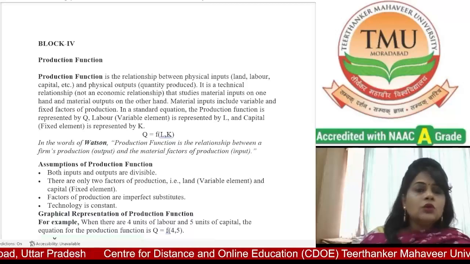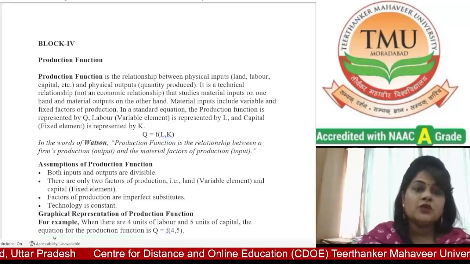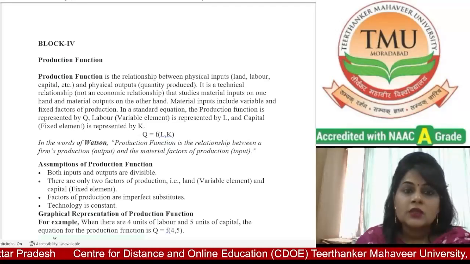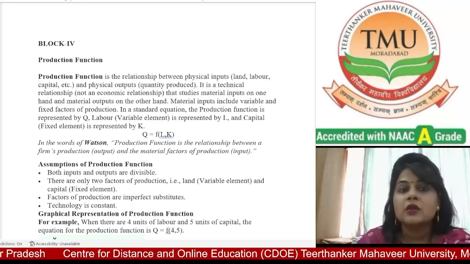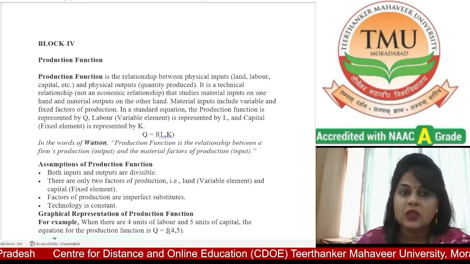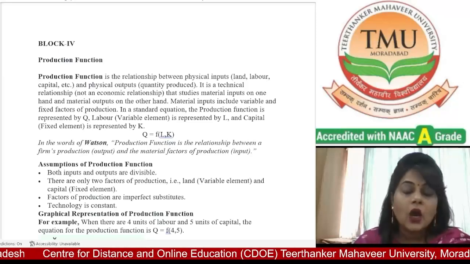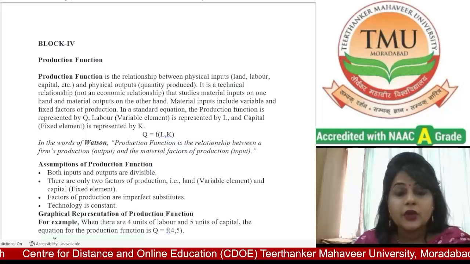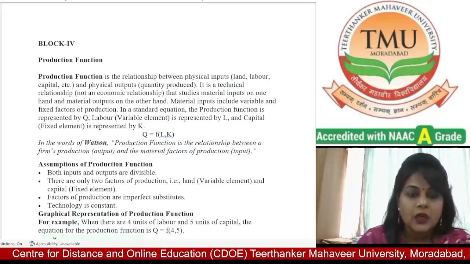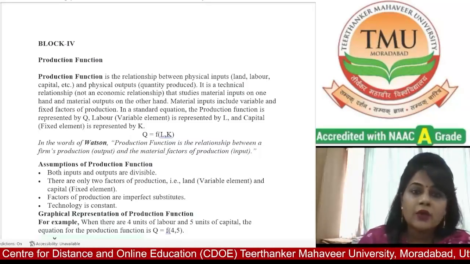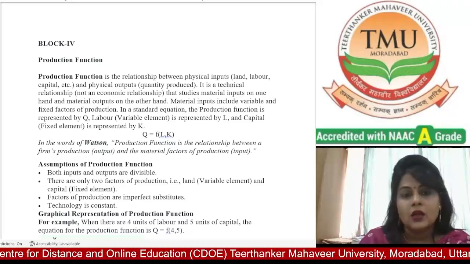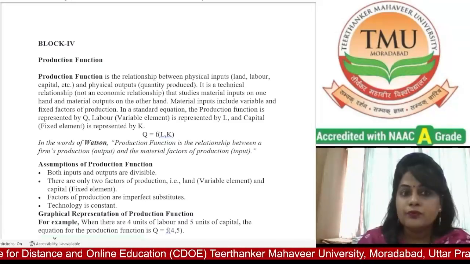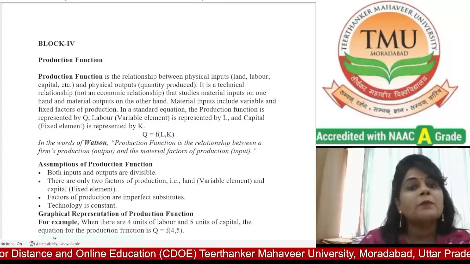So we can say the production function is a mathematical function which states the relationship between the inputs and the outputs of the goods produced by a firm. Entrepreneurship, labor, land, and capital are the major factors of inputs, which we have also studied in the previous videos.